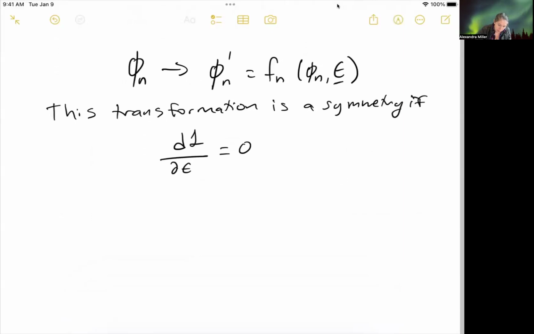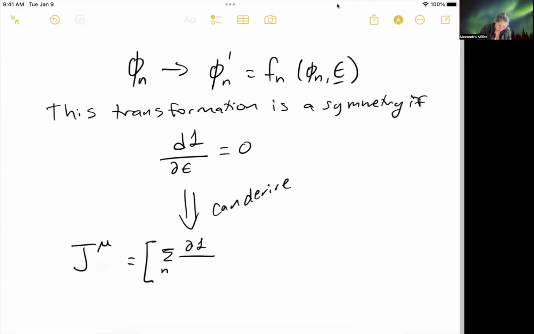From that fact, you can derive, and I'm not going to do it, but you can derive by exploiting the Euler-Lagrange equations, the fact that this object, which I'll call J mu, which is a current, is equal to the sum over our fields of the derivative of our Lagrangian with respect to the derivatives of the fields times the derivative of our new fields, phi prime, with respect to epsilon.